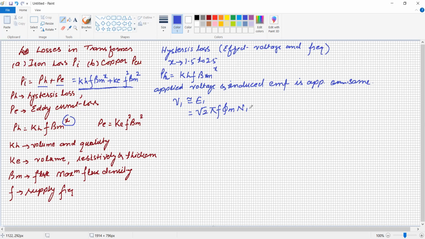This is the equation we have already covered in the first and second lectures of transformer. Now, for example, this is the simple cross-sectional area.